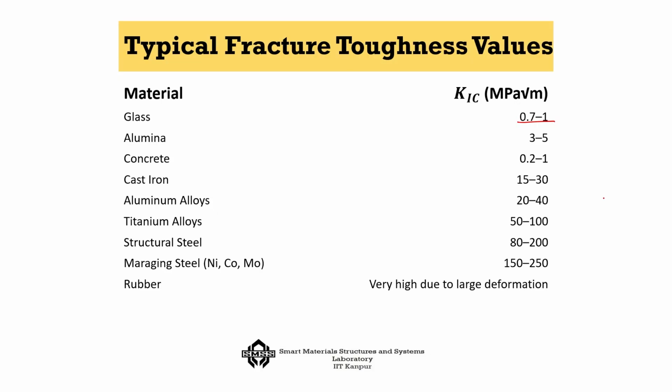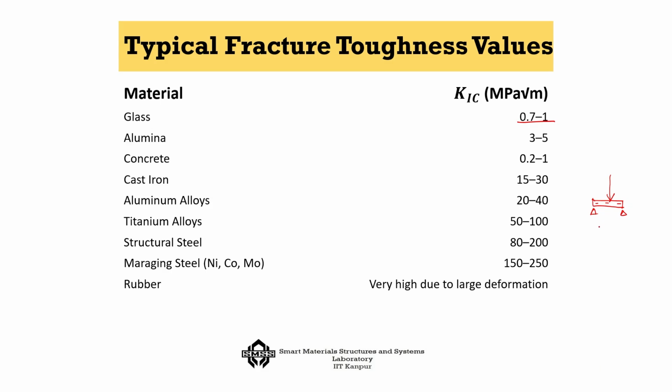One of the simple experiments that you can do is to take a small glass plate, support it at 2 points, apply a force here and measure at what force it breaks. You would see that the force at which it breaks is actually quite low because of the presence of micro cracks, which are not visible, but are there in the glass.